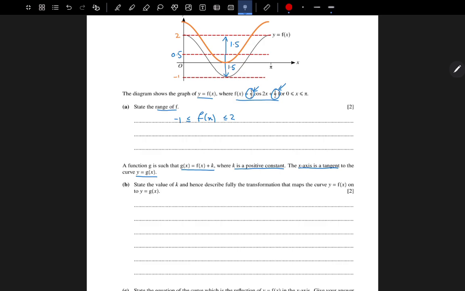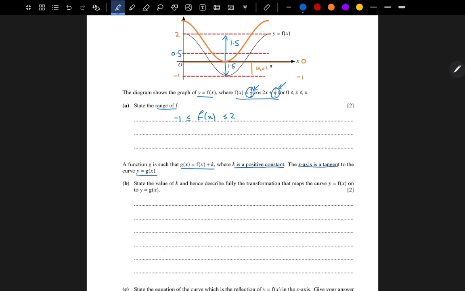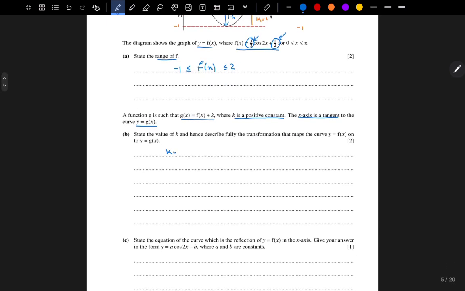Now this is k because it has been translated k units upwards. Since we know that the baseline for this new graph is 0 and this is -1, this value has to be 1, which also gives us k equals 1.